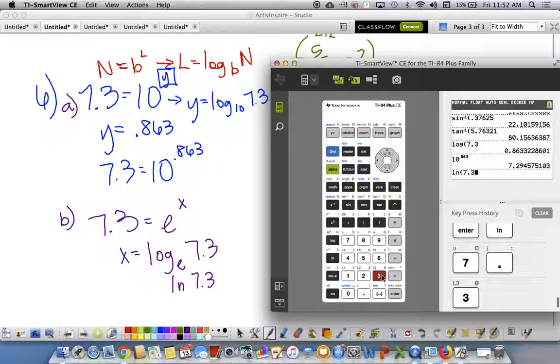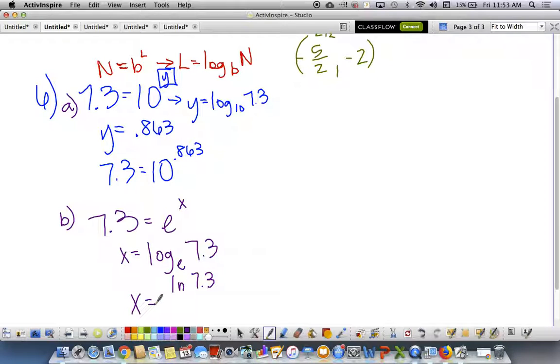You get 1.987. So could we write our answer to B: 7.3 equals e raised to the 1.987.